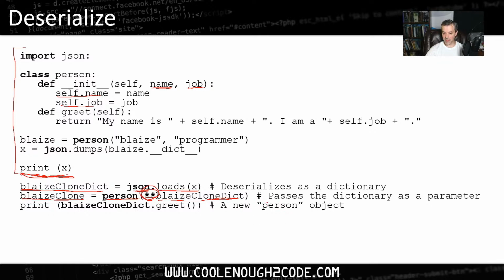And so what that does is it passes the parameters as dictionaries. This is one reason why people will typically use the parameter names of the objects they're creating as the same as the properties inside their class, so that they can easily do this deserialization process with this line of code right here.